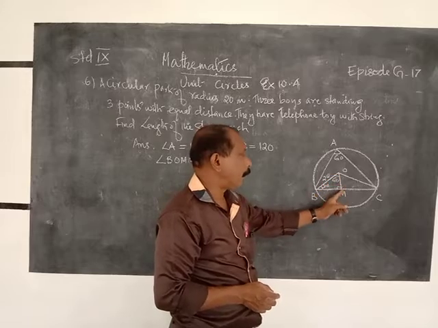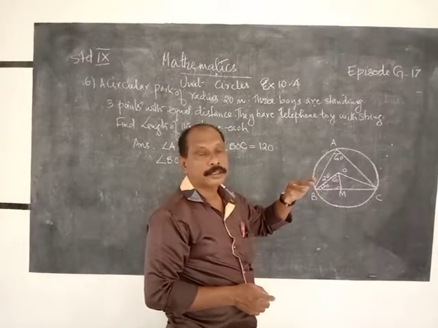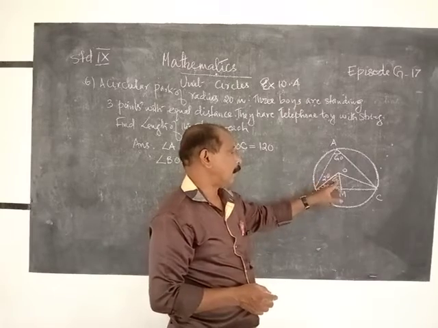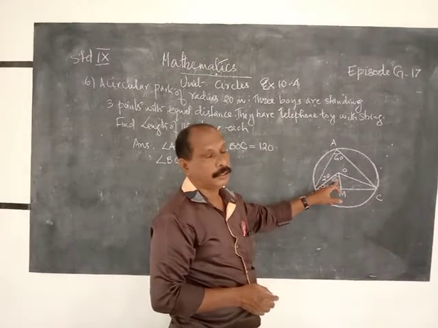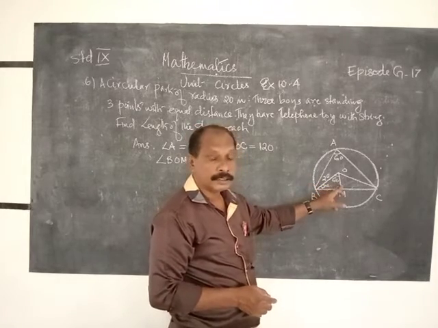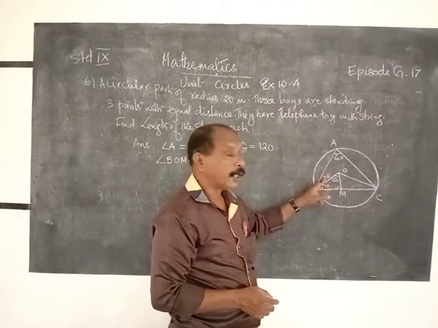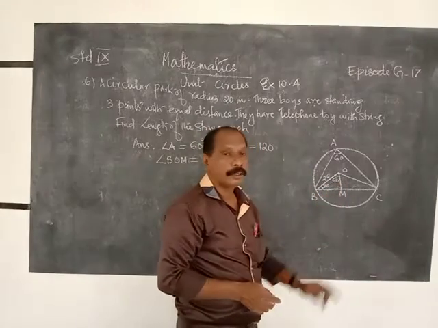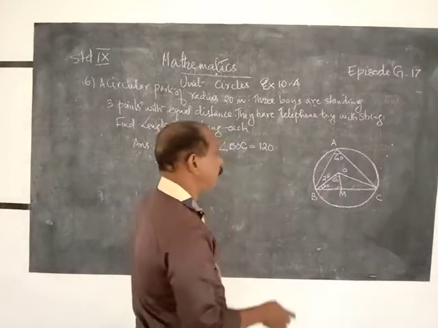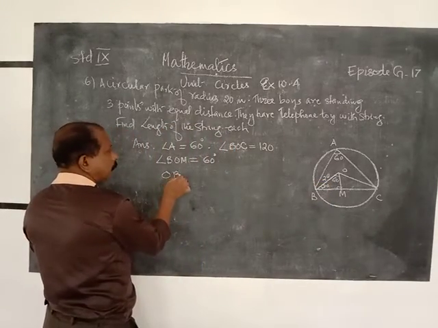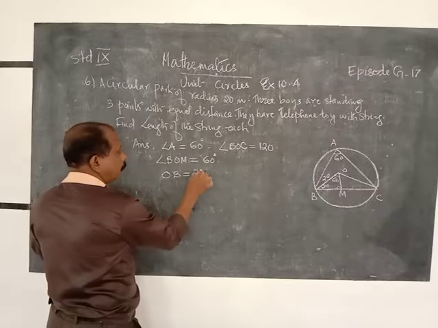Therefore, this side OM is the smaller side. The length of the shortest side is equal to half of the length of the hypotenuse. Therefore, the shortest side is OM. That length is half of the length of the hypotenuse, that is OB. Therefore, OB is equal to 20 meter.